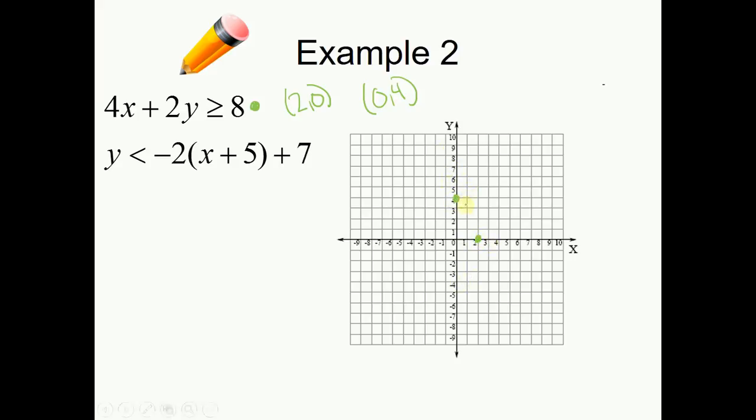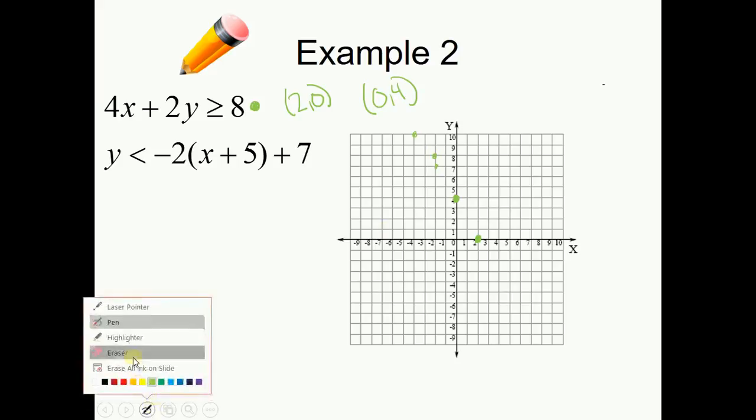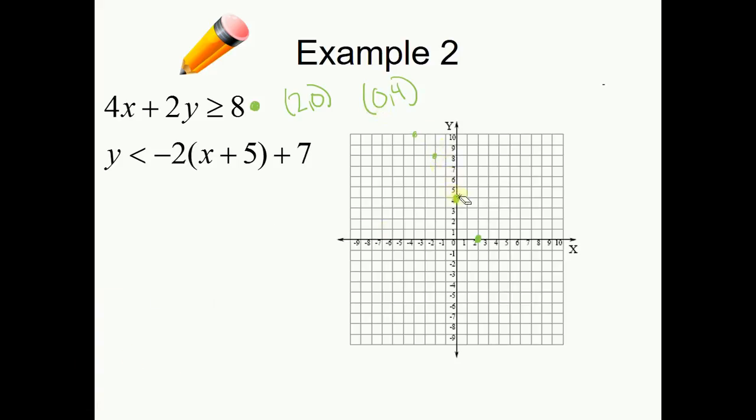It looks like it's a solid line, so let's go ahead and make a little bit more dots for myself here. Am I going right up 4? Whoops, messed up a little bit. Need to count right. Up 4: 1, 2, 3, 4.